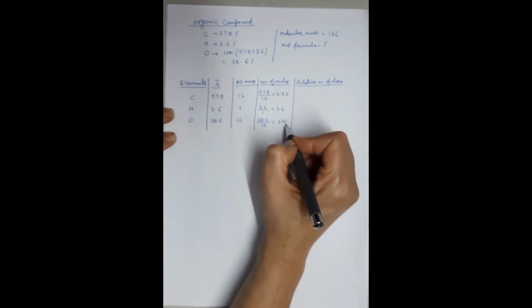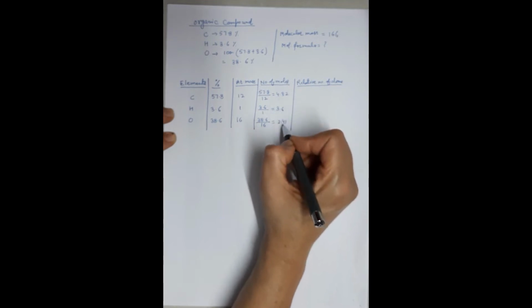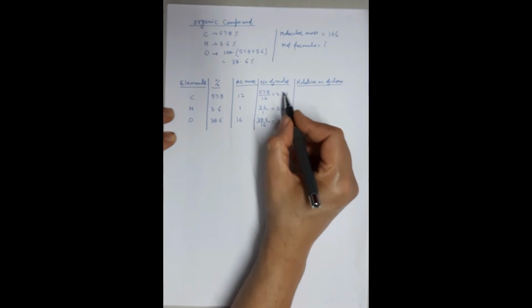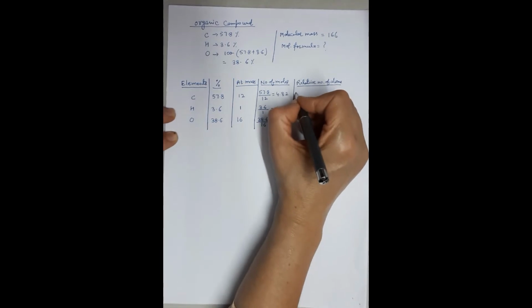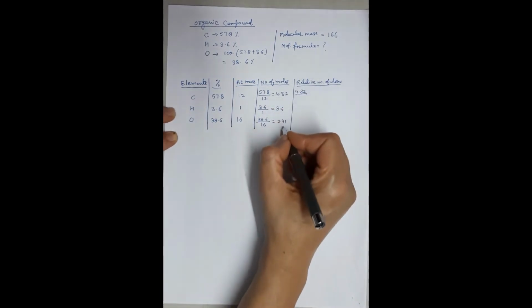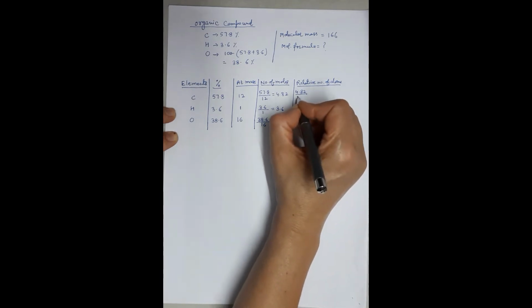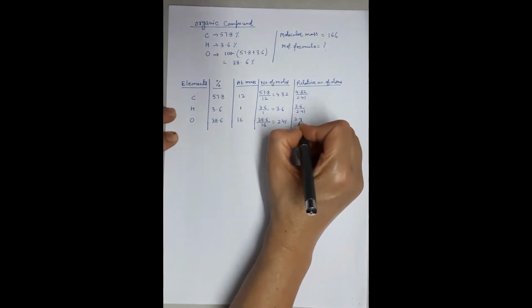So if we consider that this is 1, then in relation to this you will get the rest of the number of atoms. So I will divide each of these terms by the lowest number. The lowest number is 2.41. So 4.82 divided by 2.41, 3.6 divided by 2.41, and 2.41 divided by 2.41.